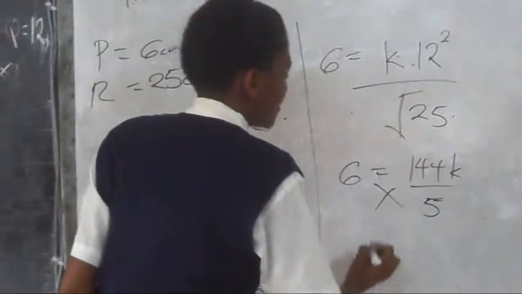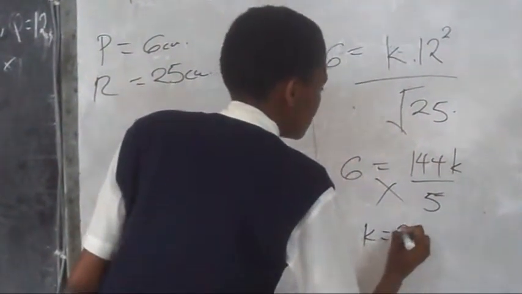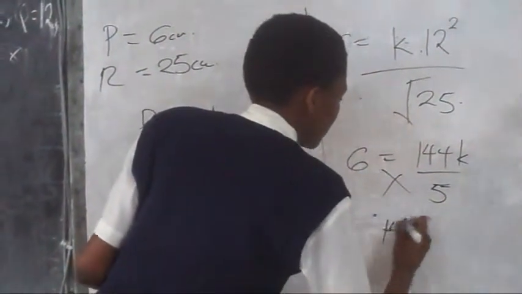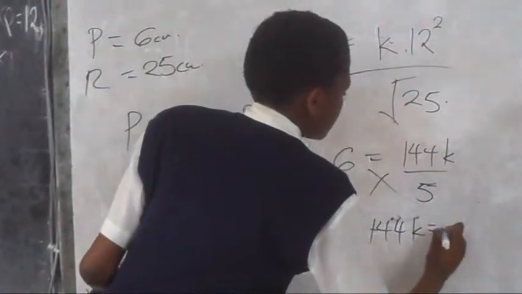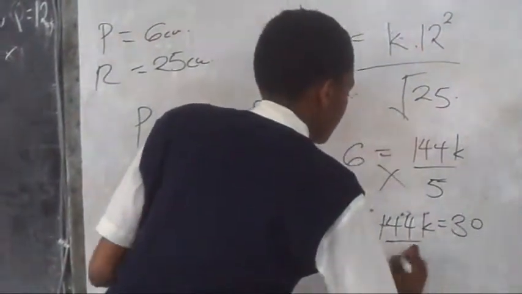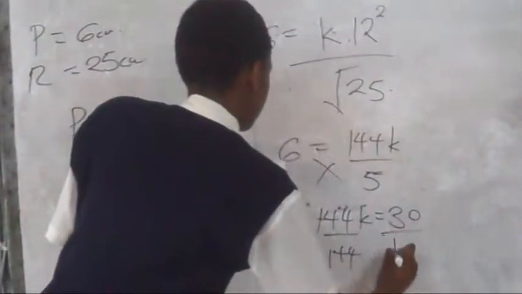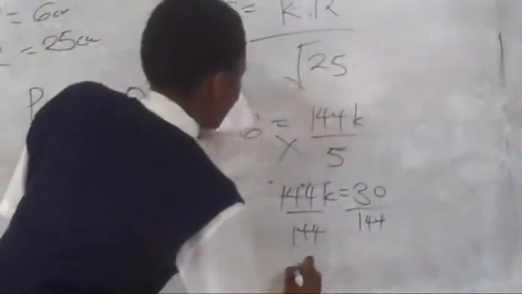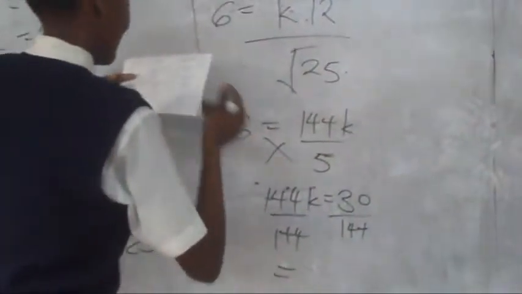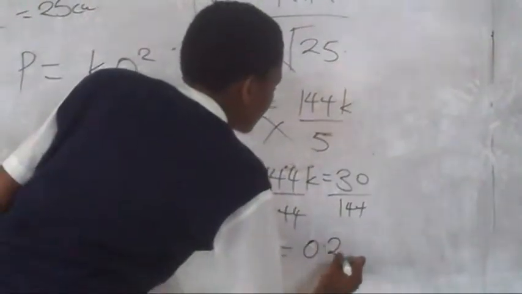Cross multiplying, 144K is equal to 30. Dividing both sides by 144, we get K as 0.208. Now this one will be our K.